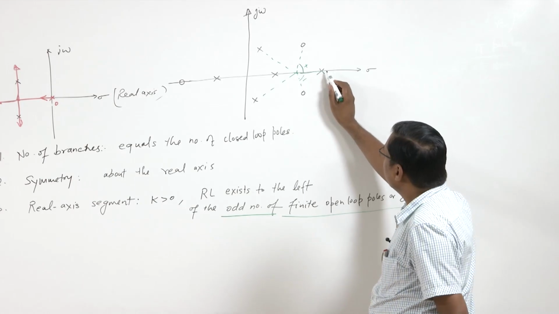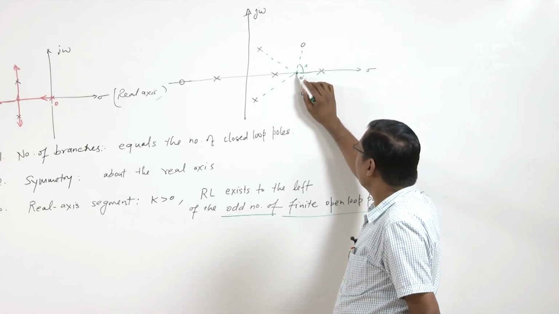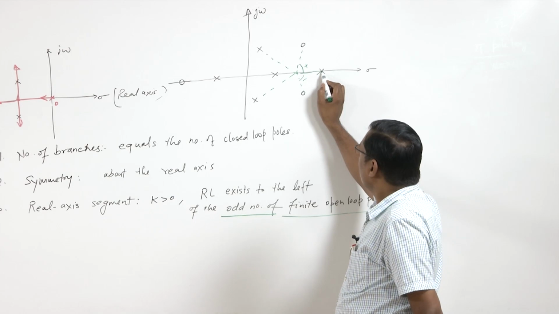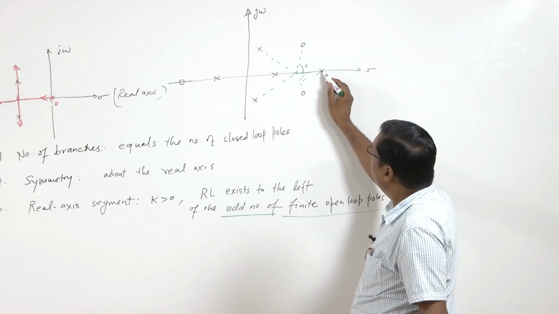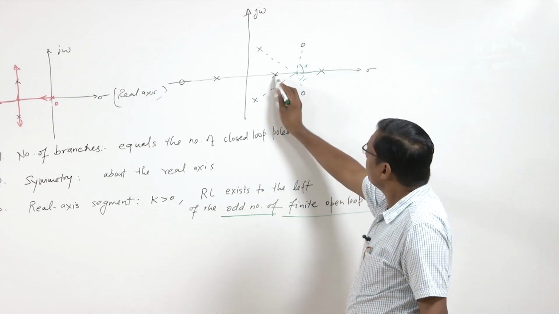So we can see that this point will be on the root locus if it is to the left side, because this is the left side of this first pole, one pole on the real axis. Now come to this point.